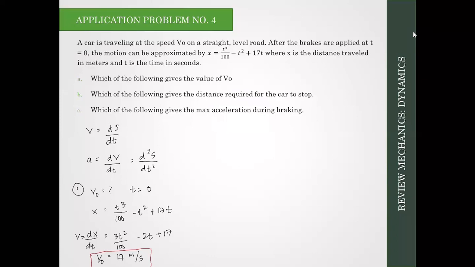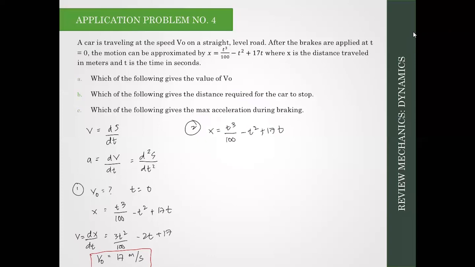Next, number 2. So sa number 2 natin, pinapahanap is which of the following gives the distance required for the car to stop. Okay? So yung anong distance para mag-stop yung car. Okay? So given yung x equals to t cubed over 100 minus t squared plus 17t.